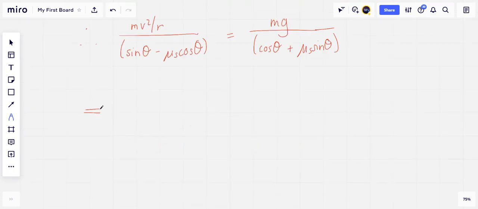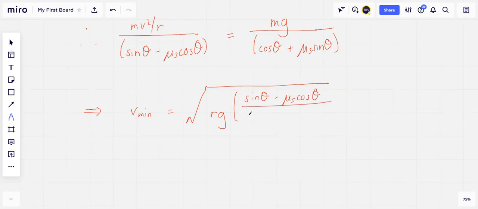So rearranging, we get the speed v, which is the minimum speed v min, to be the square root of r times g multiplied by sine theta minus mu s cosine theta divided by cosine theta plus mu s sine of theta. Again, all these values are known, so we can find this minimum speed.